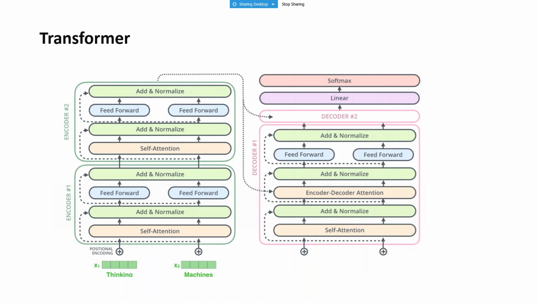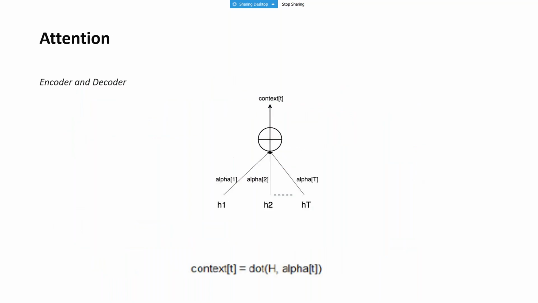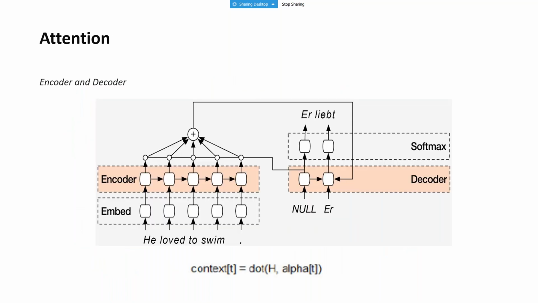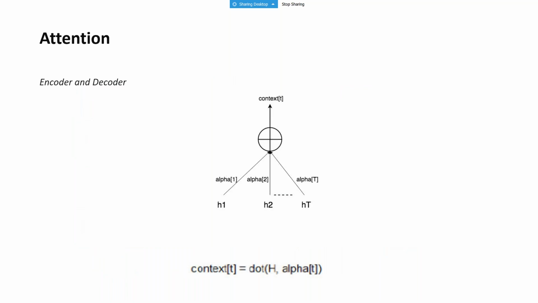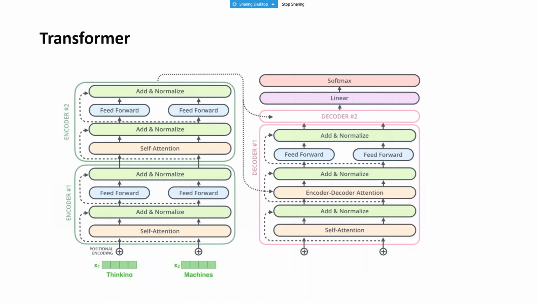So there is not much difference between the encoder and decoder; the only thing is that attention has been added on top of these, and the feed forward network. Any questions? Because I will go to bidirectional.